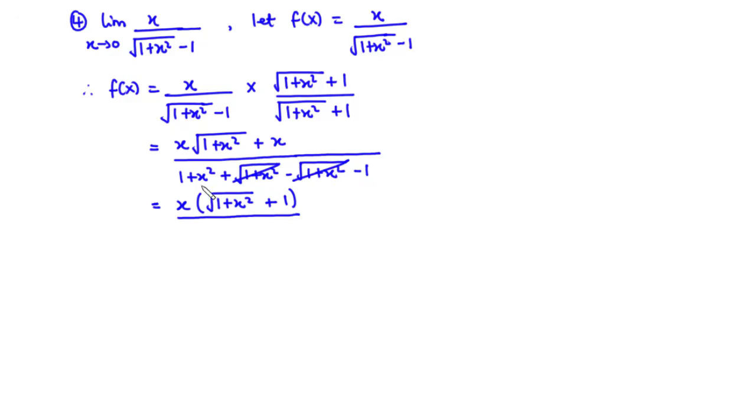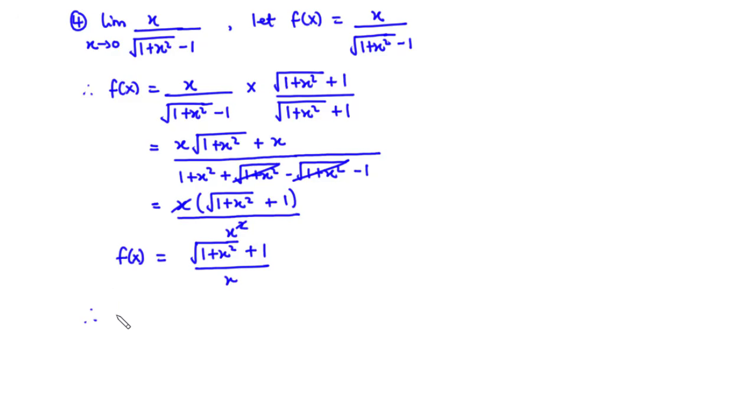So we are left with 1 plus x squared minus 1. Now 1 minus 1 is 0, so we have only x squared. At this point, x cancels out one of the x's here, and then we have the square root of 1 plus x squared plus 1 divided by x. So that is f of x.